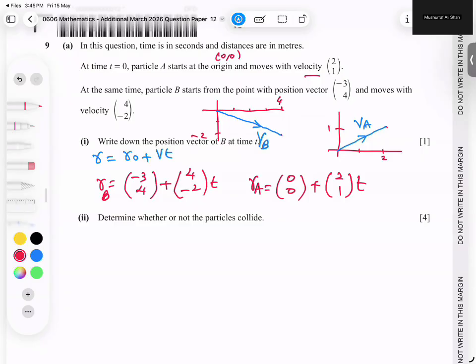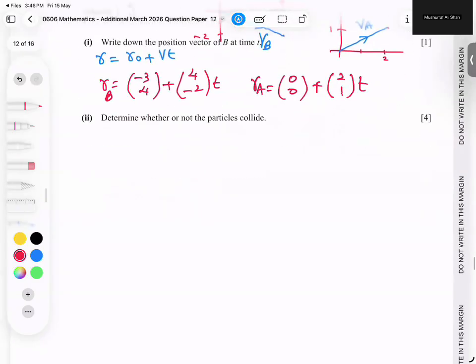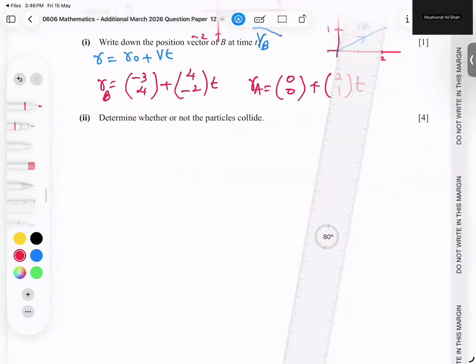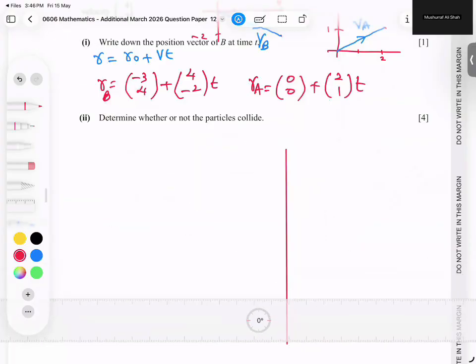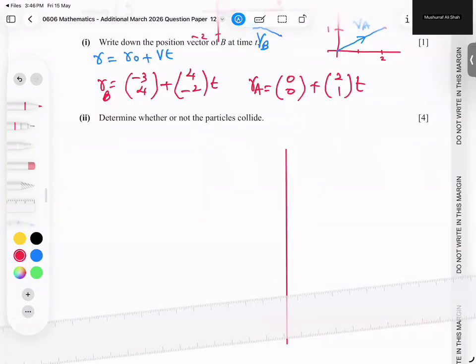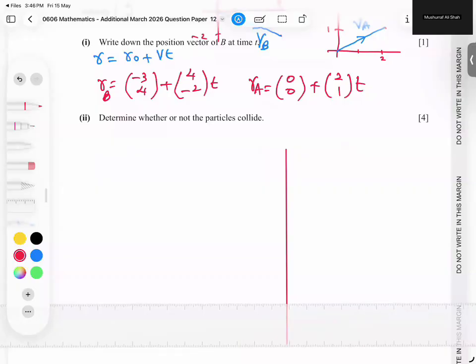We have done it. Now I'm going to make a diagram. Diagram is very important to make. Otherwise, it's hard to guess. Okay, have a look now. So let's start.